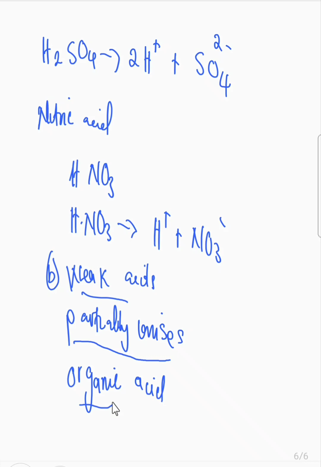Examples of organic acid we can have here are methanoic acid, ethanoic acid, butanoic acid, and the like. Let's use ethanoic acid as an example for weak acid. What's the formula for ethanoic acid?